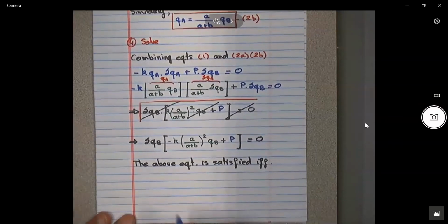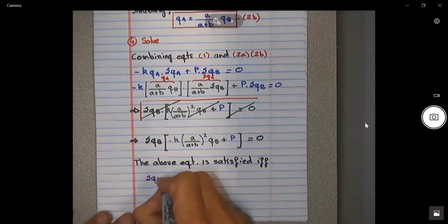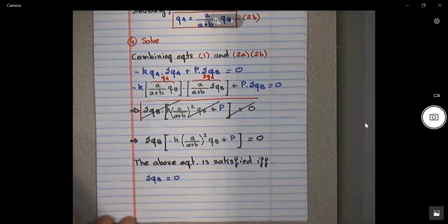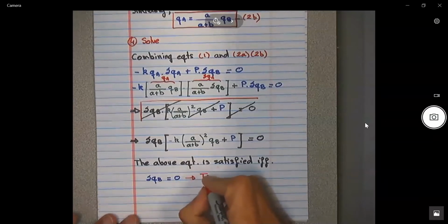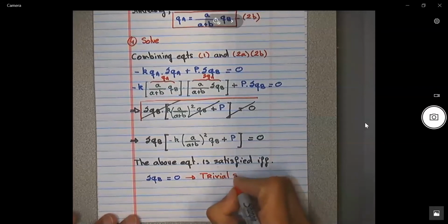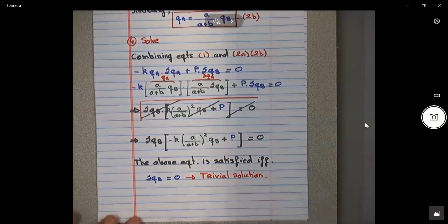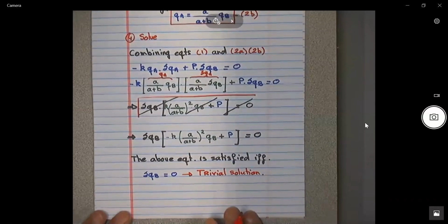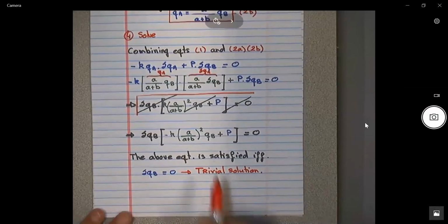What happens? Either delta Q sub B equal to 0, which basically means there is no deformation. This is what is known as the trivial solution. In our case it has no physical meaning because it means there is no deformation. Or then what could happen?